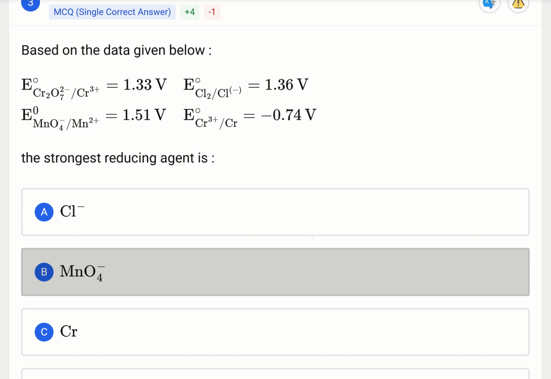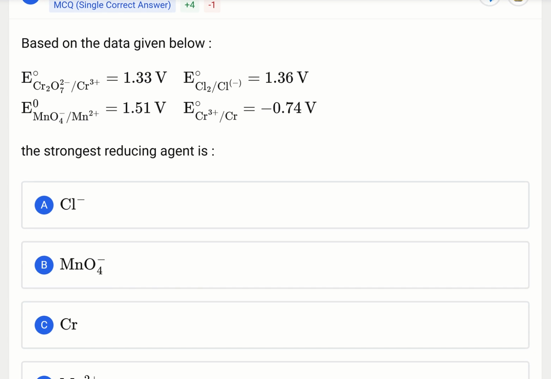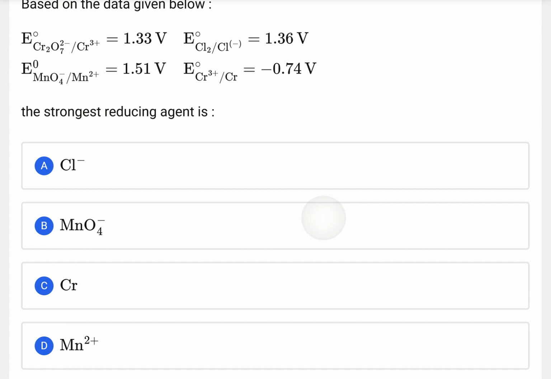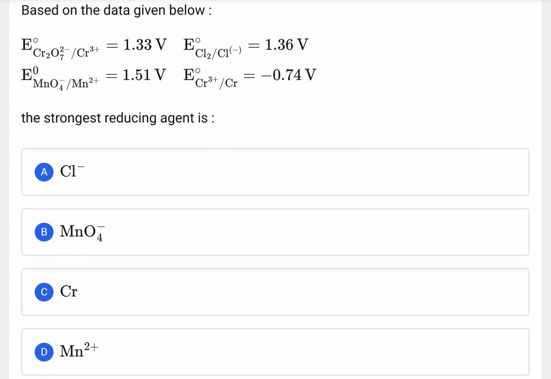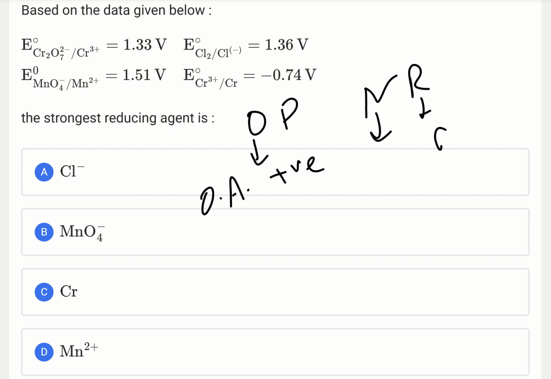Based on the given data, the strongest reducing agent is? Okay, we have to find the reducing agent. In my class, I tell my students OPNR: oxidizing agents have positive values, reducing agents have negative values. Just remember that.